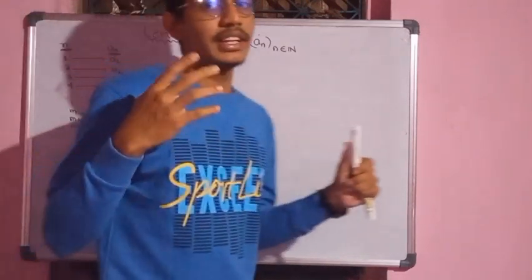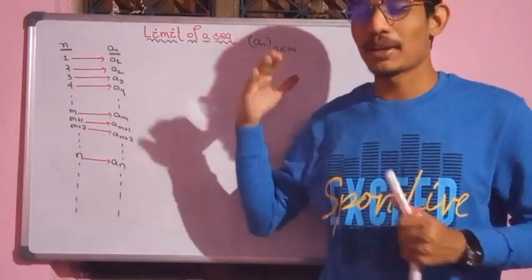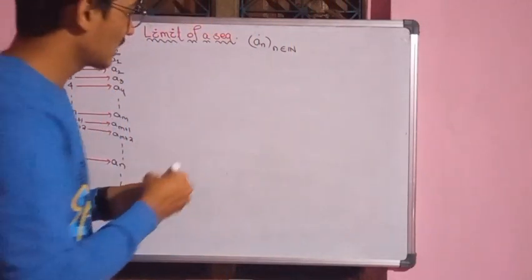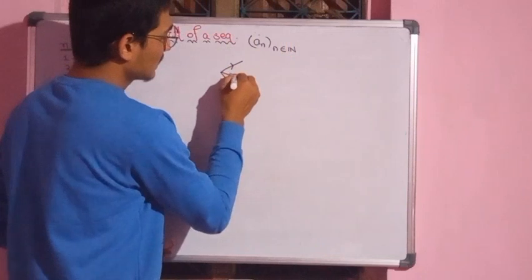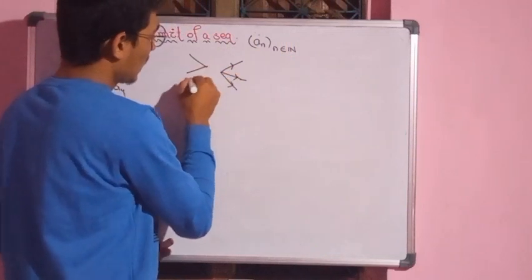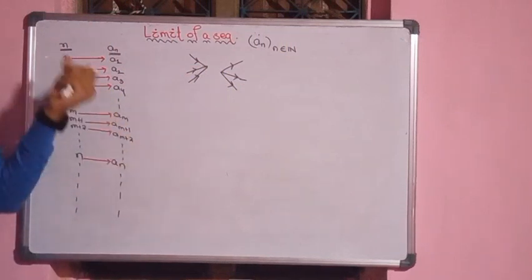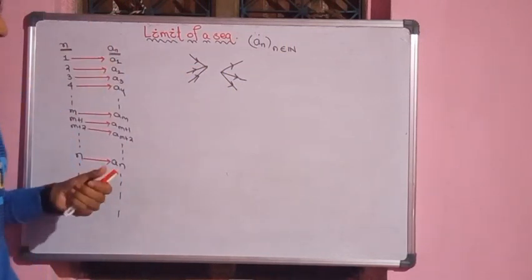Have you ever studied or heard about converging and diverging lenses? Converging or diverging rays: this is called diverging rays, and this is called converging. And the concept of convergence or divergence of a sequence is quite similar to this.